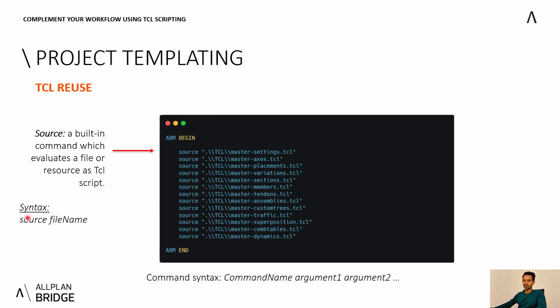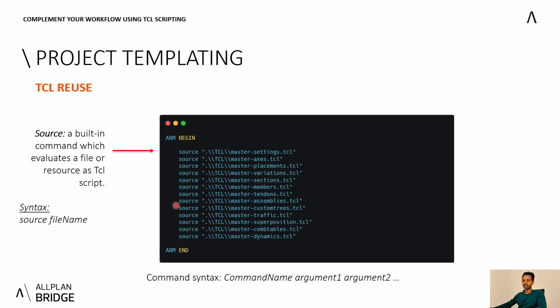This source is a command from the core TCL. We have a command name and a set of arguments. The command name is source and the argument is the file name. So we have a source file name here and so on. We have ABM begin and ABM end.